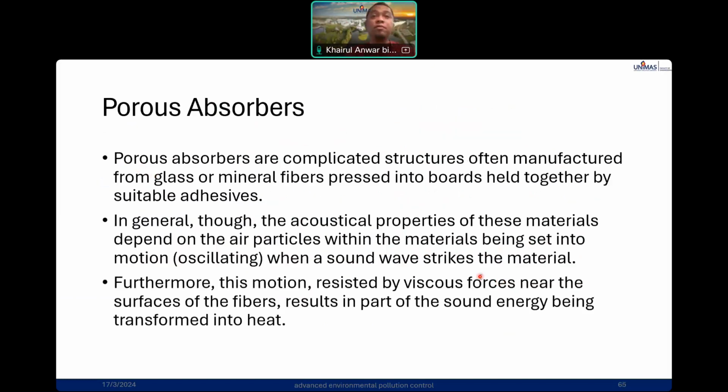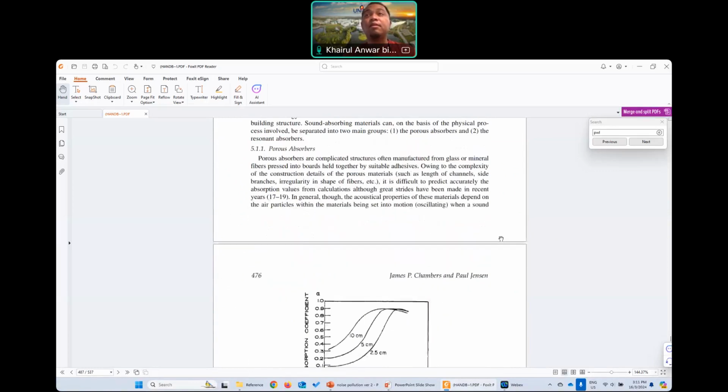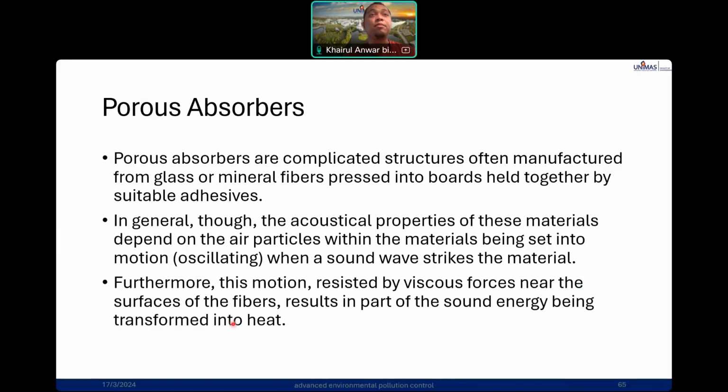So for porous absorber, you can refer to page 475. Porous absorbers are complicated structures often manufactured from glass or mineral fibers pressed into board held together by suitable adhesive.